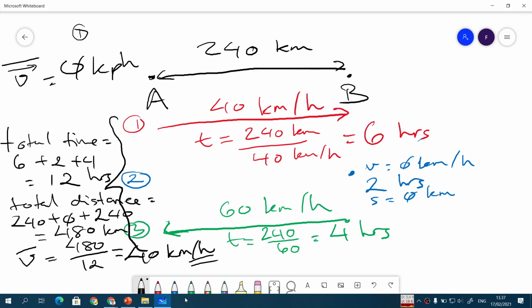Because if you summarize these three movements, they move from A to B, then they don't move at B, then they go back from B to A. So the final displacement is in the same position. That's why the average velocity is 0.